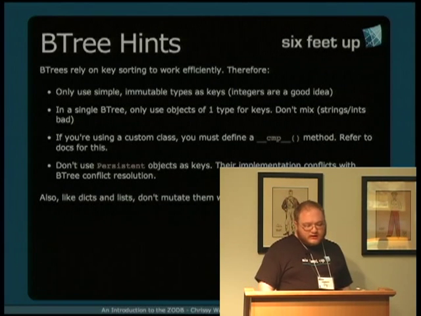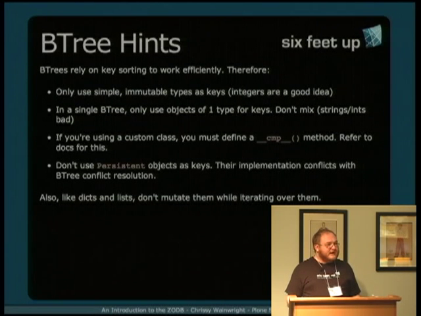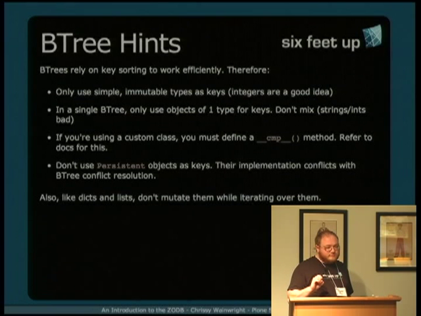So there are some gotchas that you need to be aware of if you're manually building BTrees. You want to use only really simple and immutable data types as your keys. So there's a reason that they have those IOBTrees, so that the integer is the key. They don't take up a whole lot of space, and they're very easy to compare. Because the sorting and the searching relies heavily on comparing each of the keys to each other.